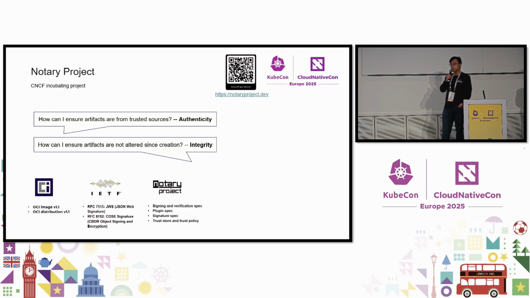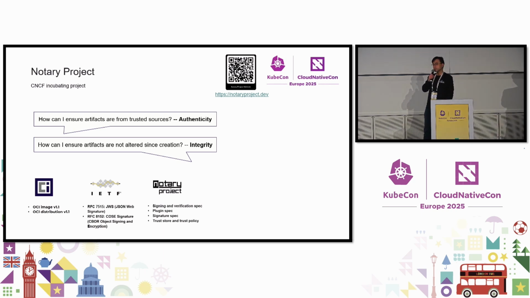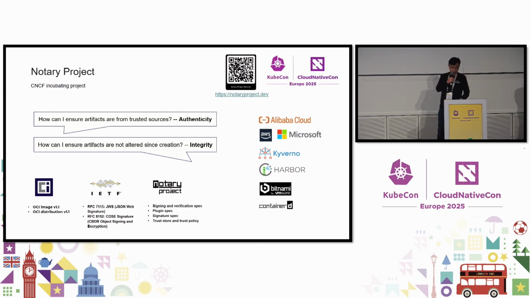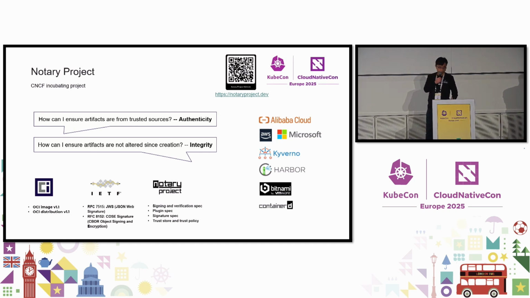Notary Project also creates additional specifications so that you can build your own reference implementation based on your needs. This is quite important, especially for multi-cloud environments, because using standard-based solutions ensures interoperability and compatibility. Currently, major cloud vendors and some popular open source projects have adopted Notary Project solutions and tools.